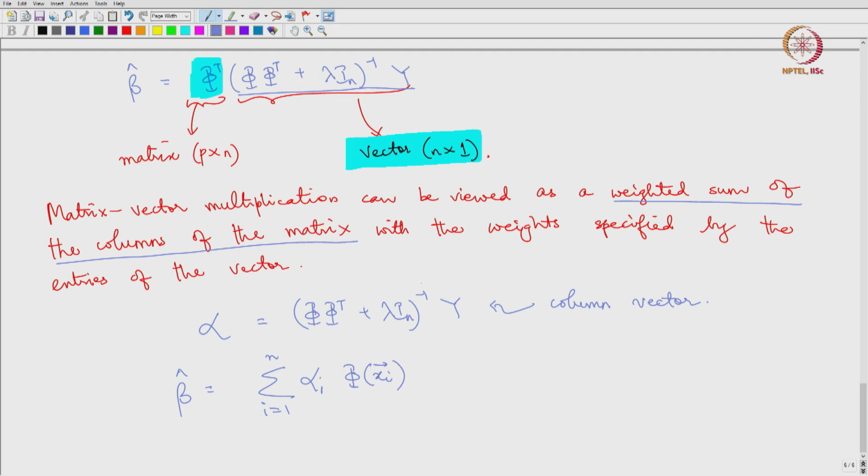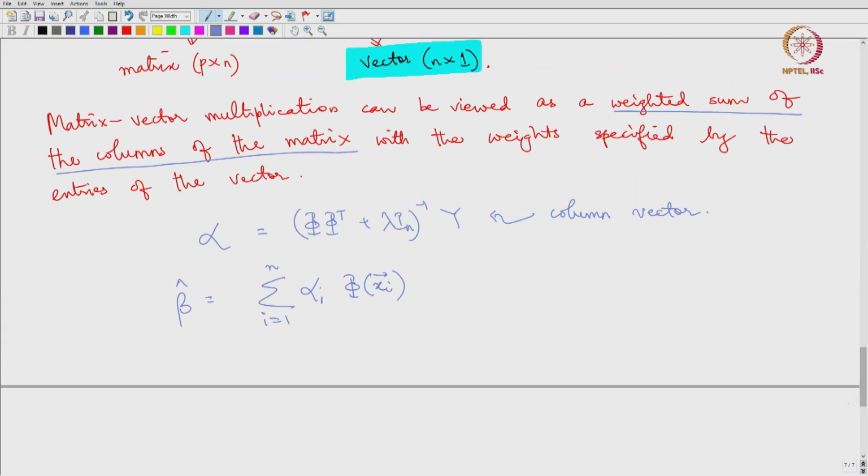This capital phi I am writing here is essentially a column vector with the function lowercase phi applied to the features of data point i.